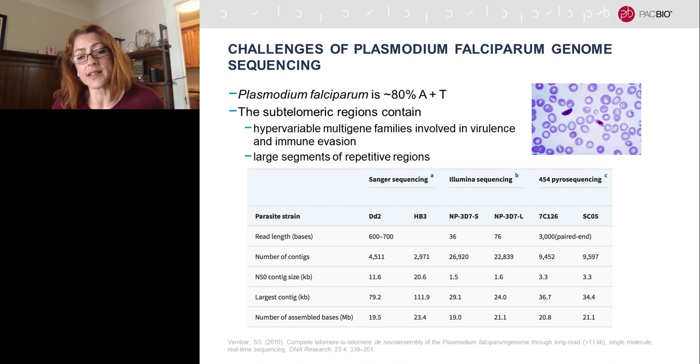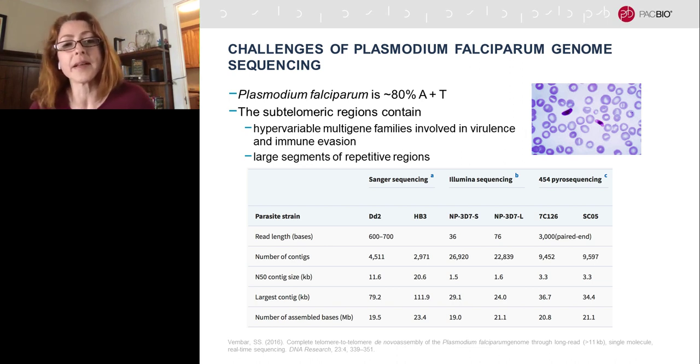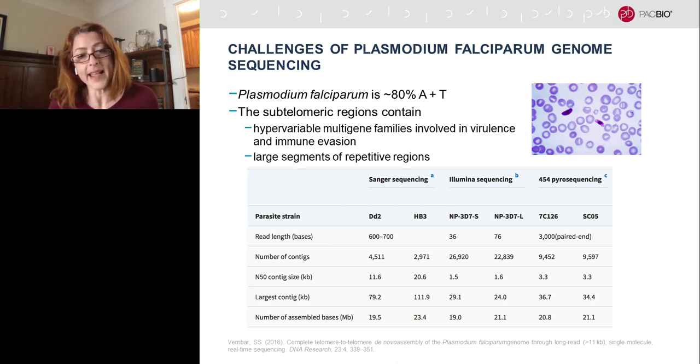The Illumina assemblies have over 20,000 contigs each, with an N50 contig size that is very small, less than 2 kb in length, which is barely long enough to contain a single intact gene, let alone to allow resolution of very homologous gene families that are often chained end-to-end across large regions.